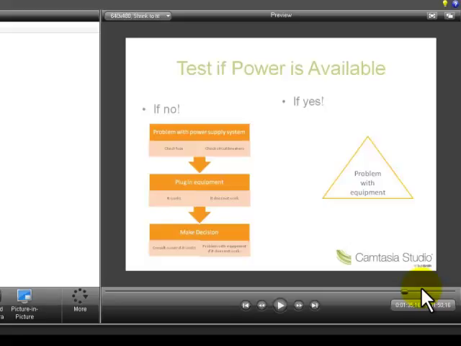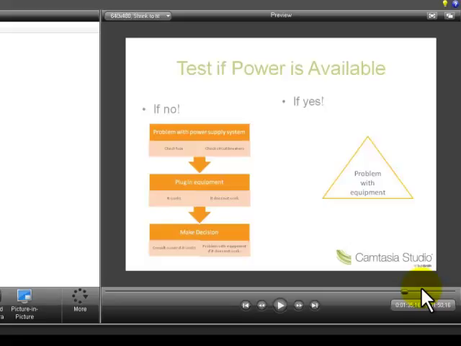Next, you will plug in the equipment, assuming that one of the above has taken place. If it works, it means that the problem was in fact with the supply system. Therefore, you can consult the owner of the equipment and do your transaction.